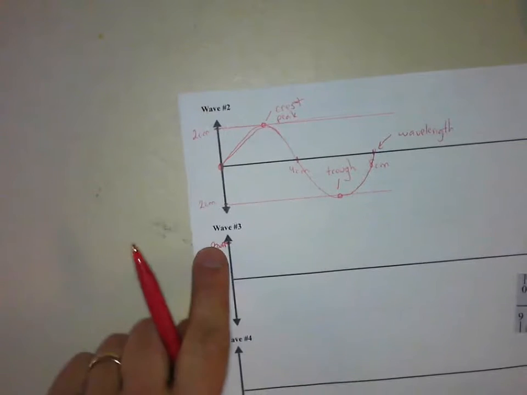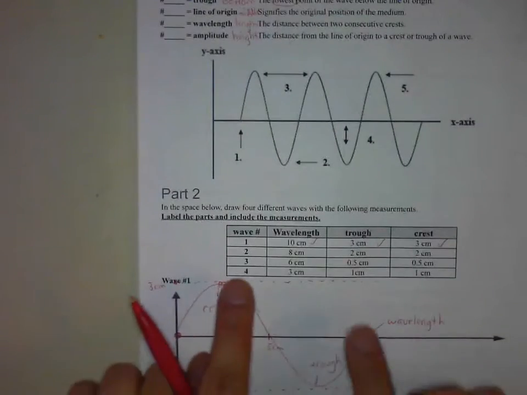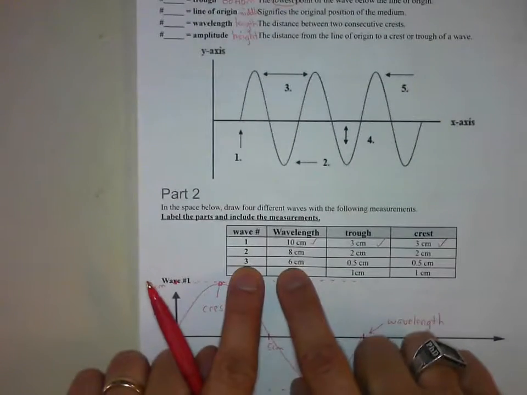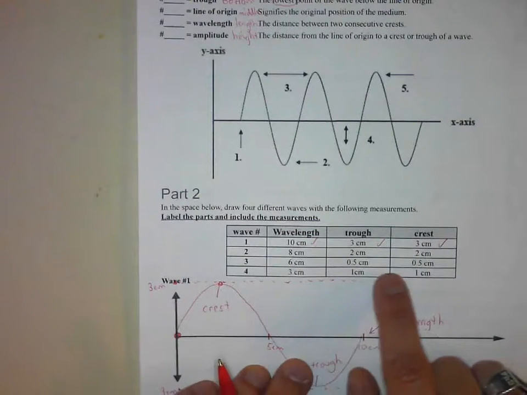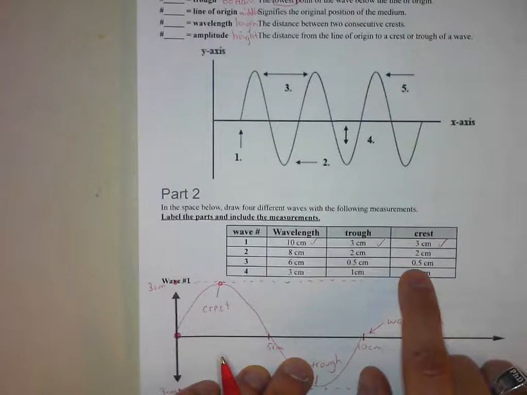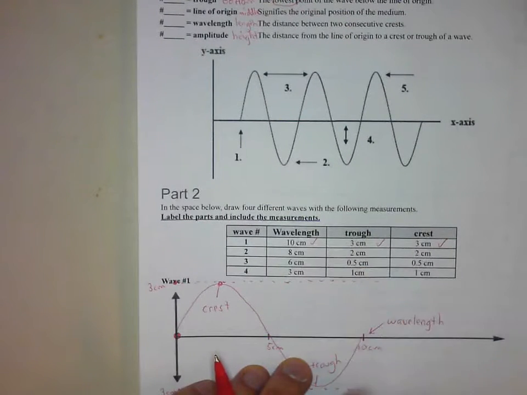Okay, let's do number 3 now. Number 3 has a wavelength of 6, a trough of 0.5, and a crest of 0.5. 0.5 is half a centimeter. So 6, 0.5, and 0.5.